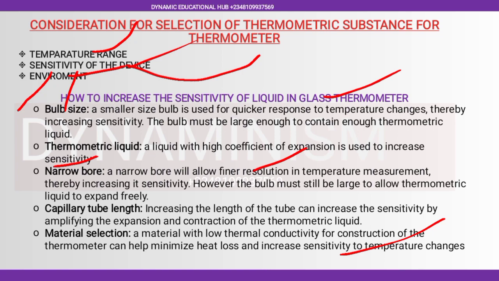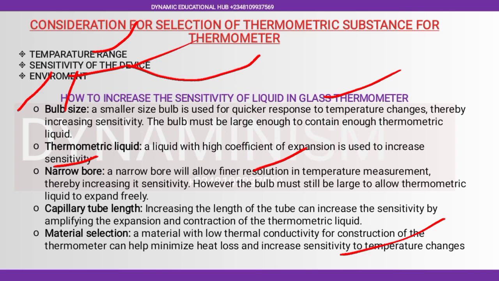It is very simple. Now, if you have a substance that will absorb too much heat, we have another problem. Instead of expanding, it is absorbing it. So it means that that substance cannot quickly expand.